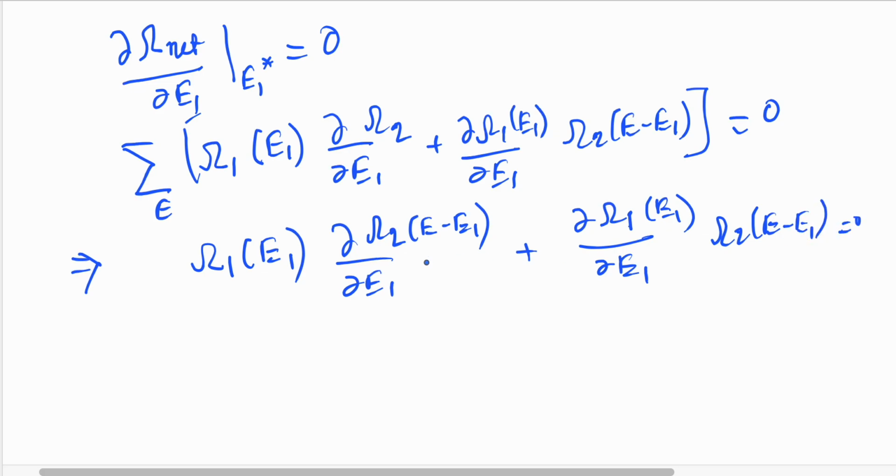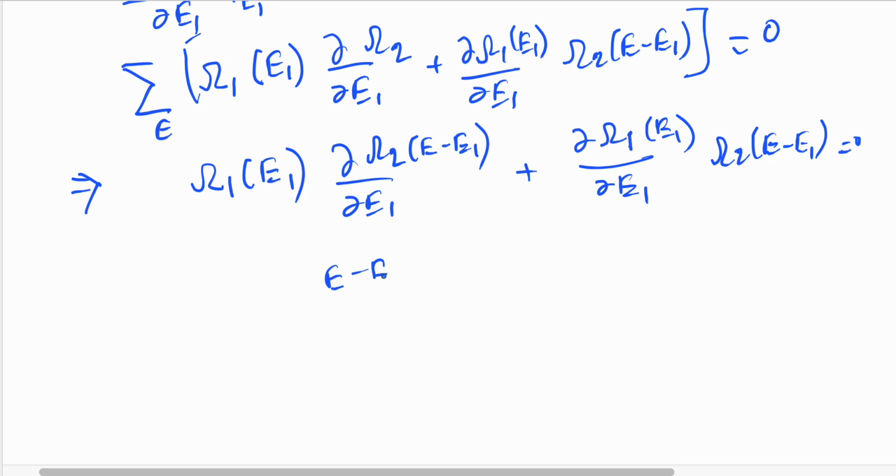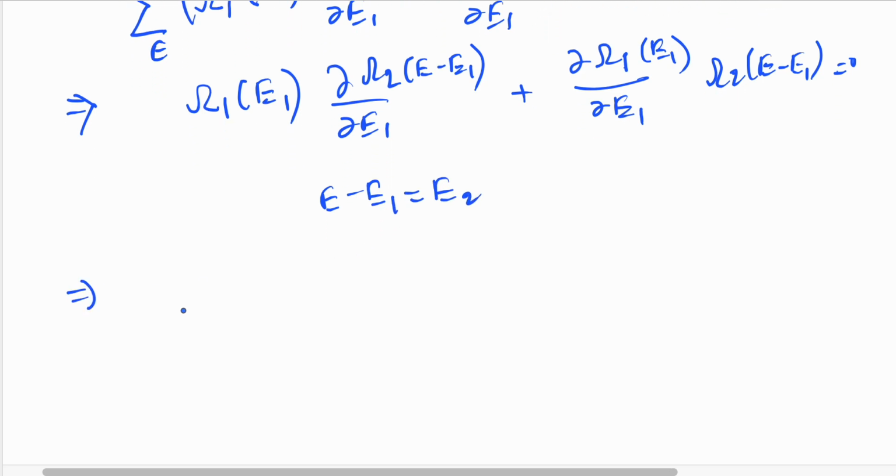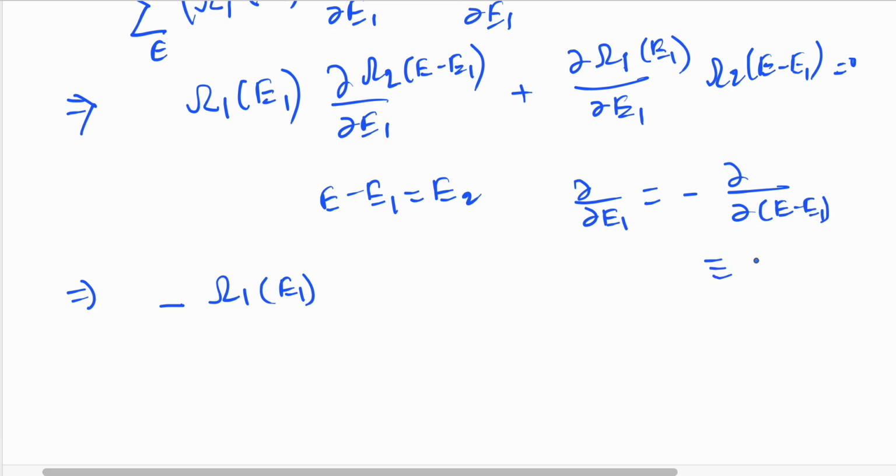Now let E minus E1 equal E2. Then we can write del E1 is equal to minus del of E minus E1, which is equivalent to minus del E2.